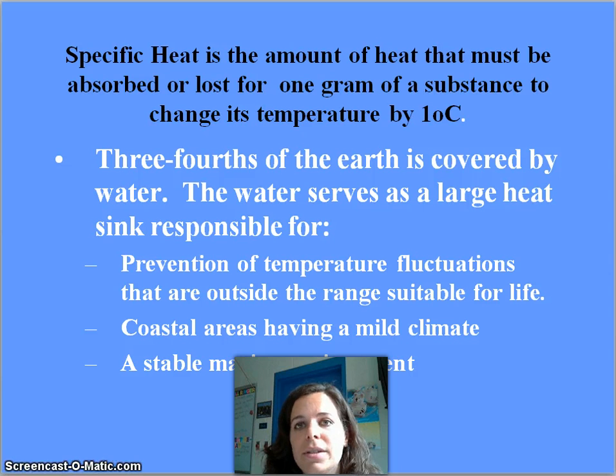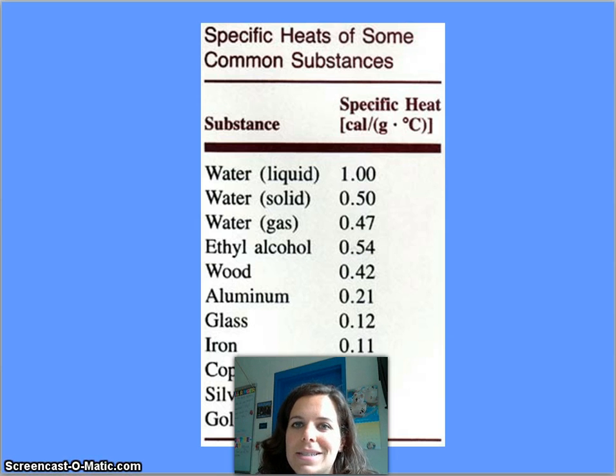If you're by the coast, like if you watch the weather, the shore in the summer has a cooler temperature, but in the winter has a higher temperature, and that's because of water's high specific heat. It keeps the temperature really temperate. That's why San Francisco and London, or England, all have really temperate temperatures. And it also has a stable marine environment. So here are some specific heats of different substances.